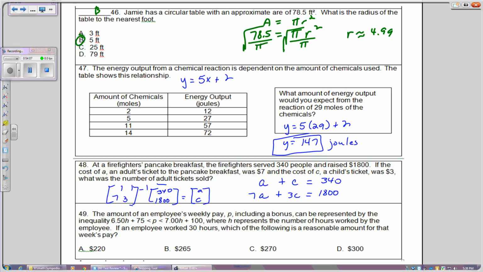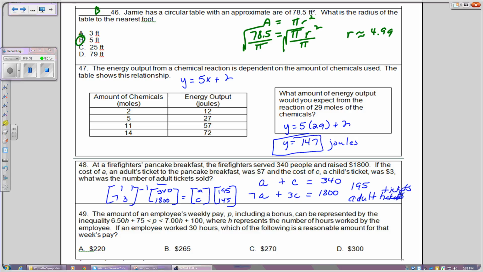Go try that in the calculator. Okay, you should have gotten 195 and 145. So that tells you there were 195 adult tickets.